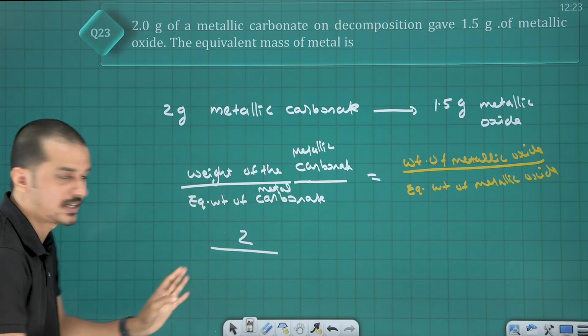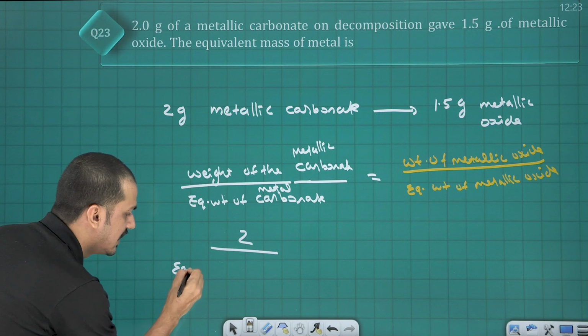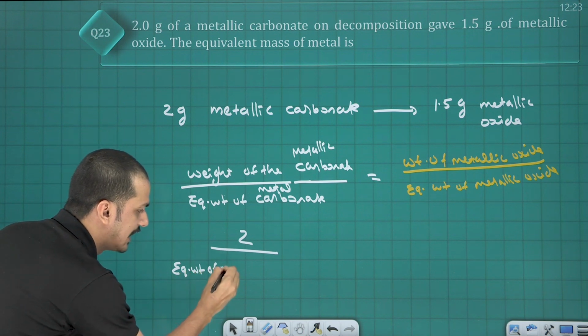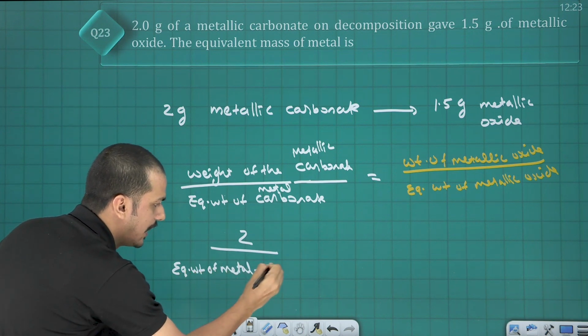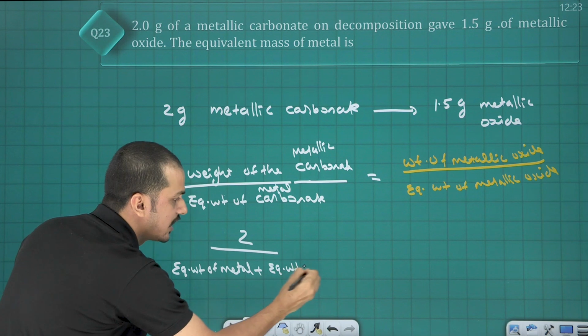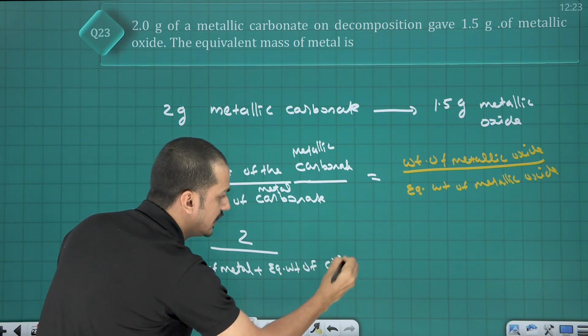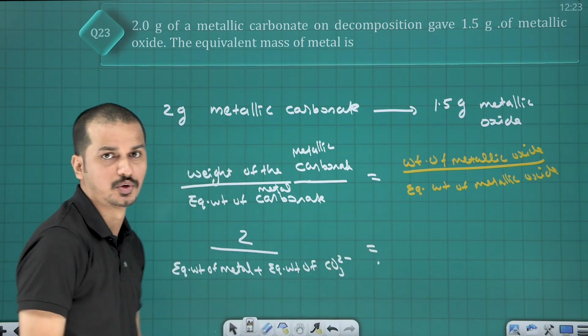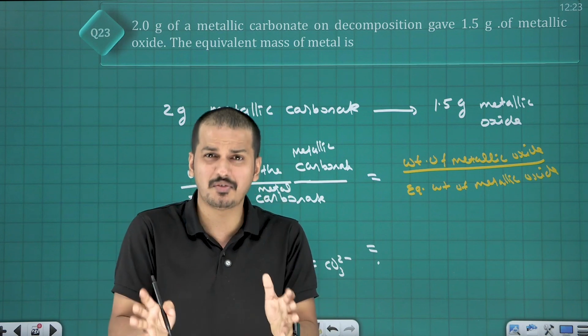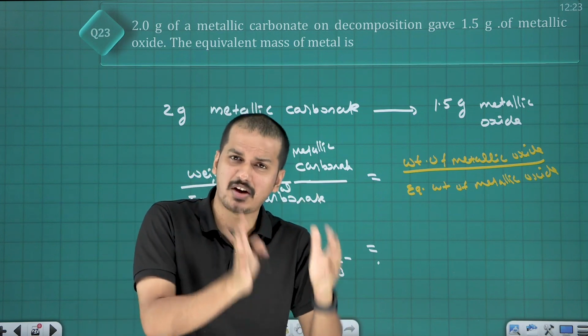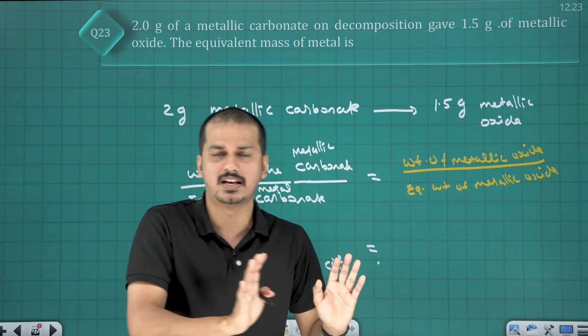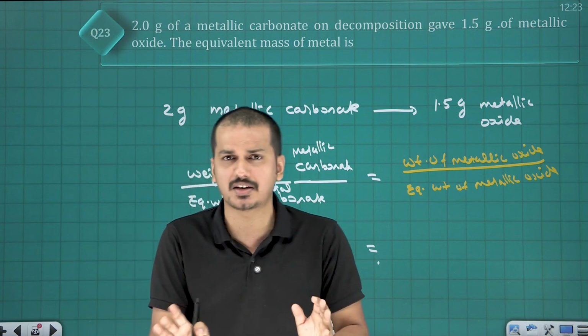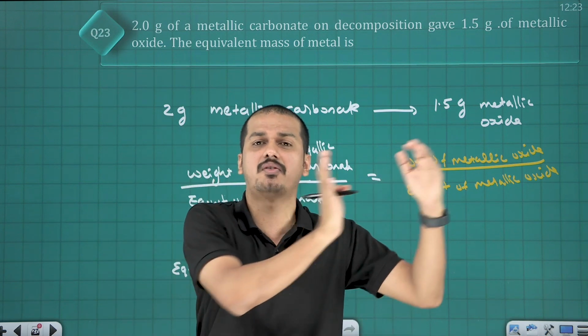2 divided by what is the equivalent weight of metal carbonate? Simply, it is equivalent weight of metal plus equivalent weight of carbonate, CO3 2 minus. Equivalent weight of metallic phosphate means equivalent weight of metal plus equivalent weight of phosphate.